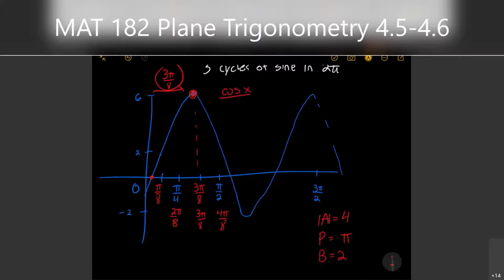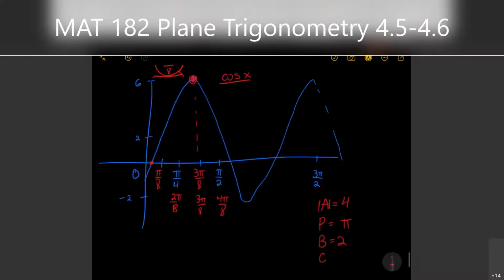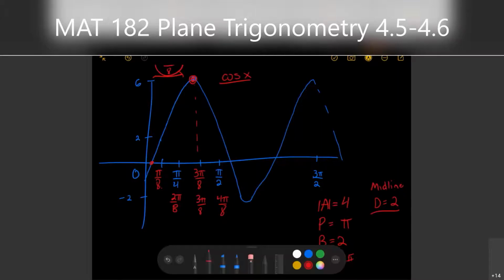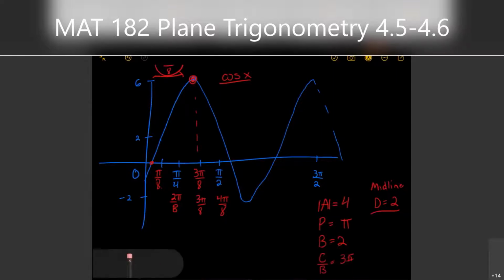That would be our value, 3 pi over 8, or the C over B. So this was our 3 pi over 8 for the shift.